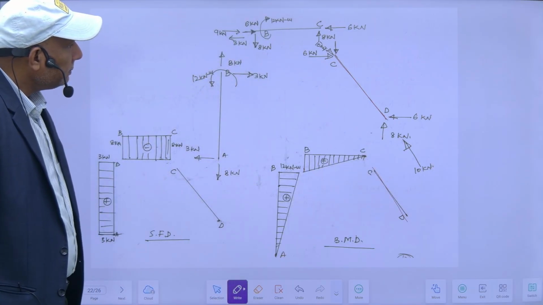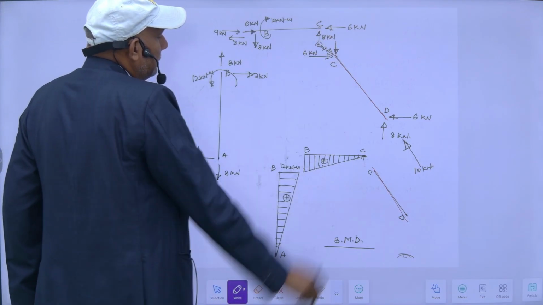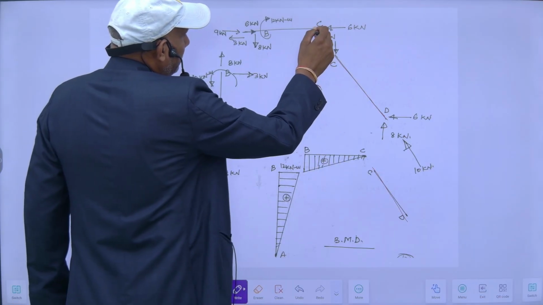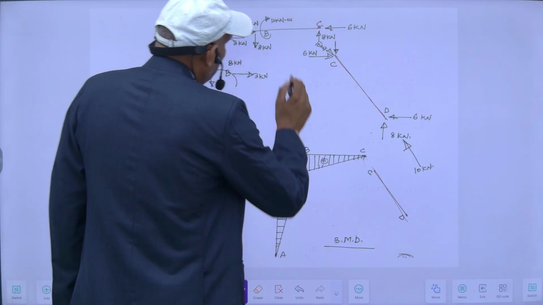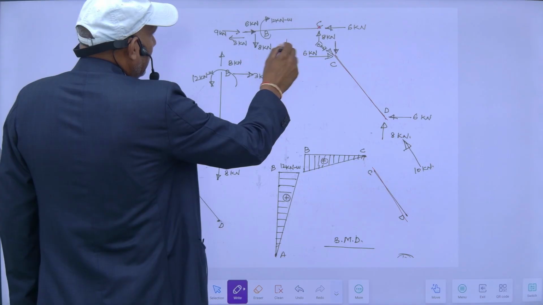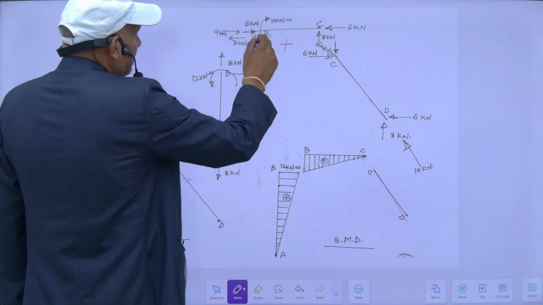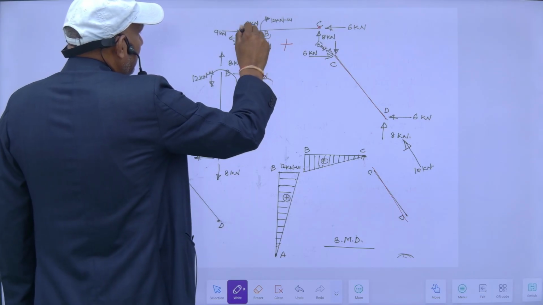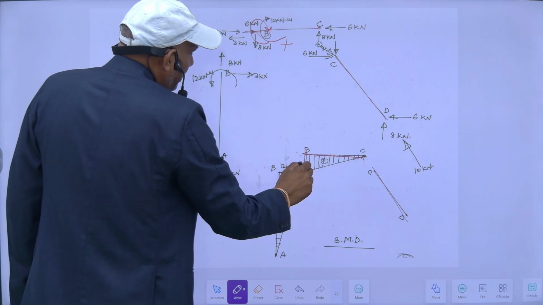For this portion, bending moment here is 0 and it is sagging. Suppose I am sitting here inside and watching this. So this is sagging, means 12 kilonewton sagging. So I will draw it like this. So sagging, the BC is 12 kilonewton and this is 0 here.